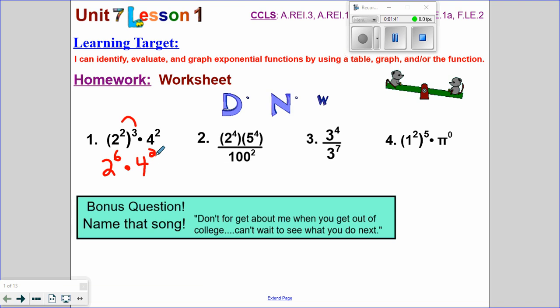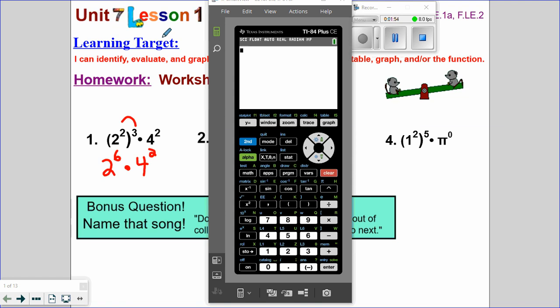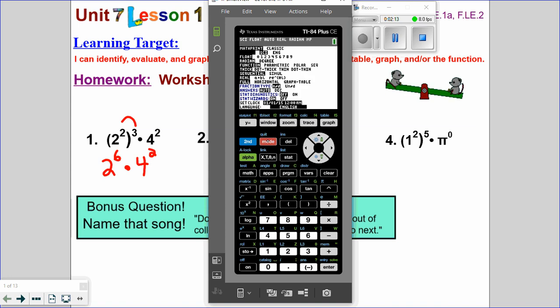But if you are going to use your calculator here to get the standard form, all you would have to do is basically put that into the calculator. So you have 2 to the 6th power, times, press to the right there, and then 4 to the 2nd power, and you press enter, and whoops, remember, I had it in exponential form, so I have to get into normal mode.